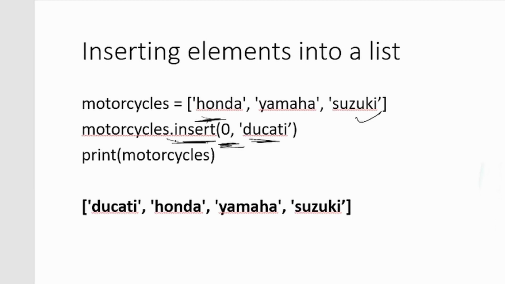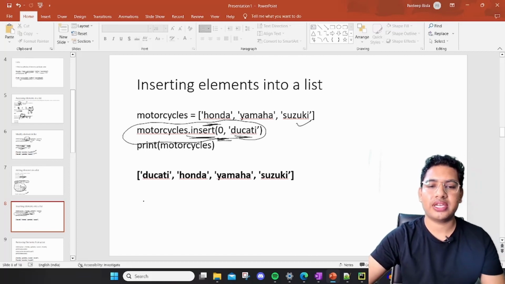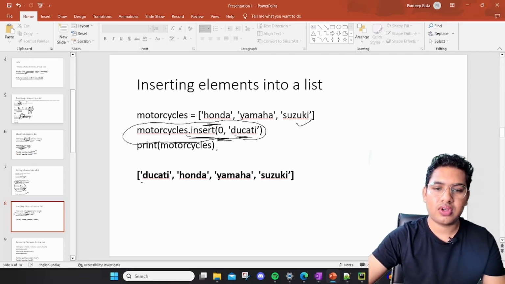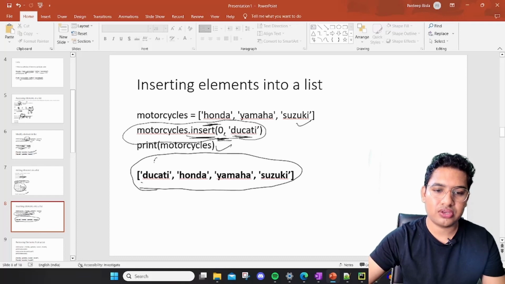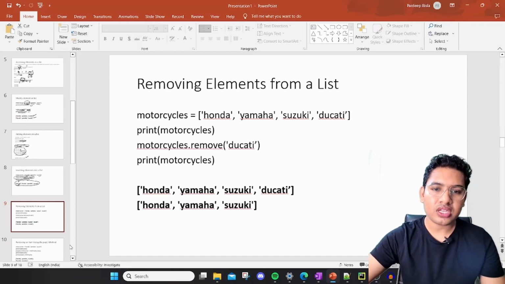So I have used this insert method to add Ducati, and when I print this, this would be our output. At 0th index, Ducati will be added. I hope this is understood now.